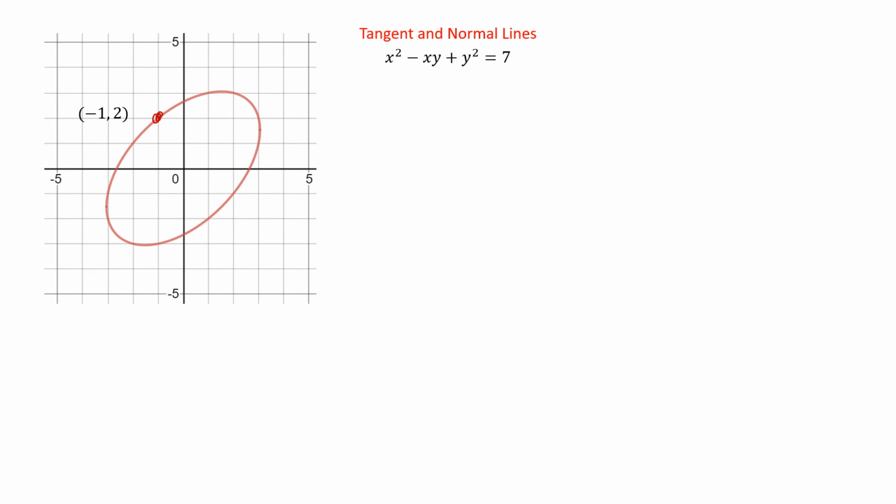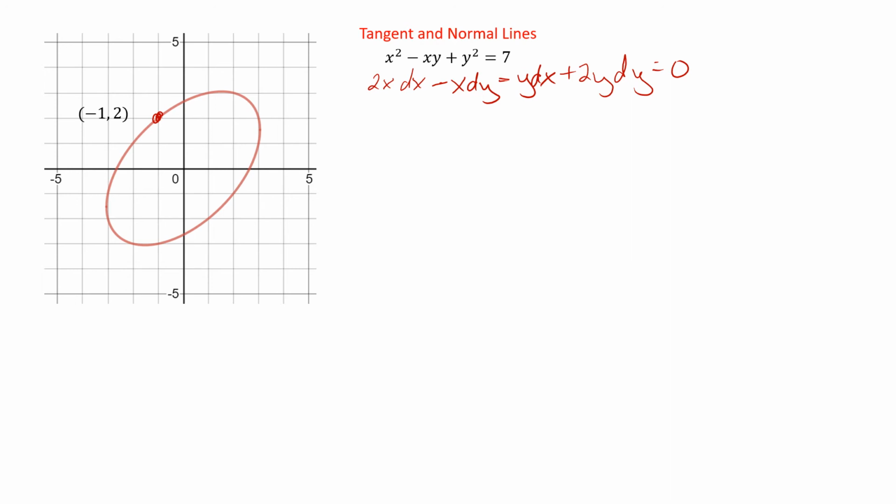We're going to go x squared. That's 2x dx minus the xy is going to be minus x dy and minus y dx. That negative got distributed to both of these, plus 2y dy equals 0.